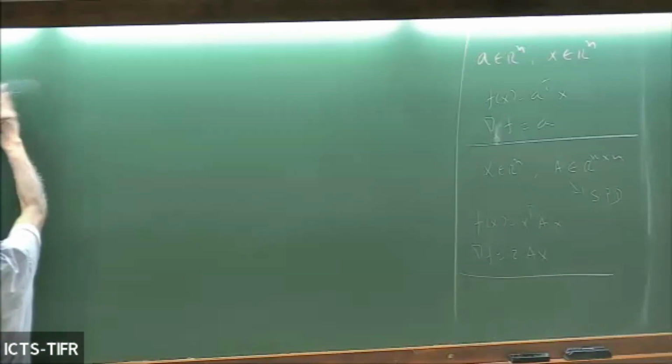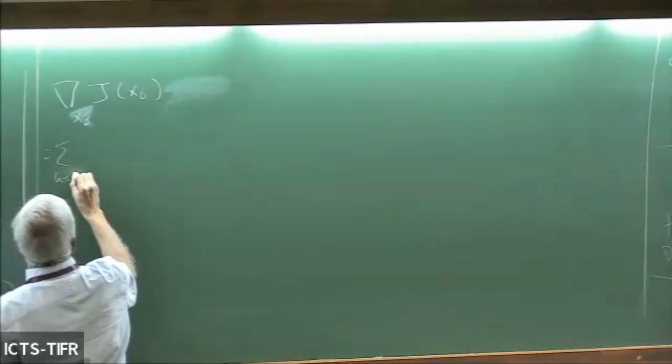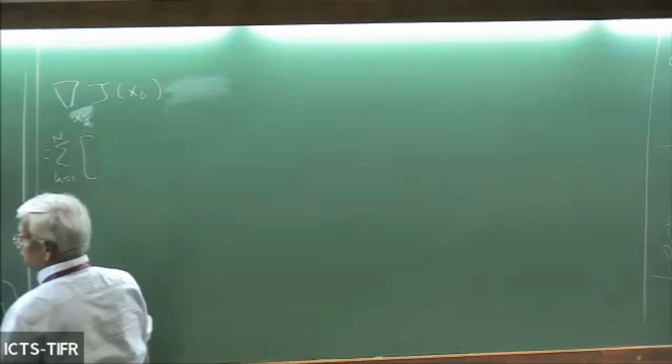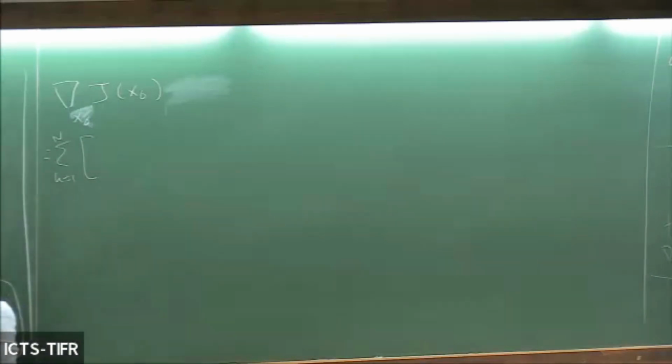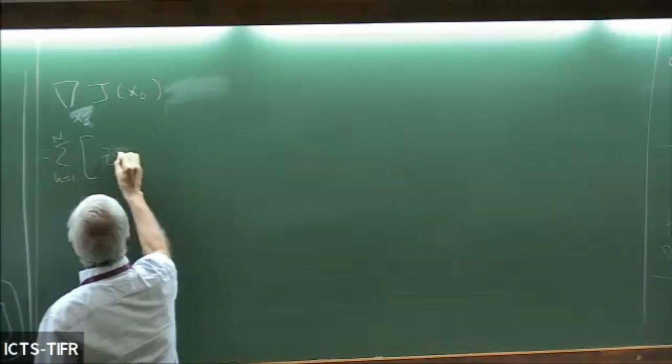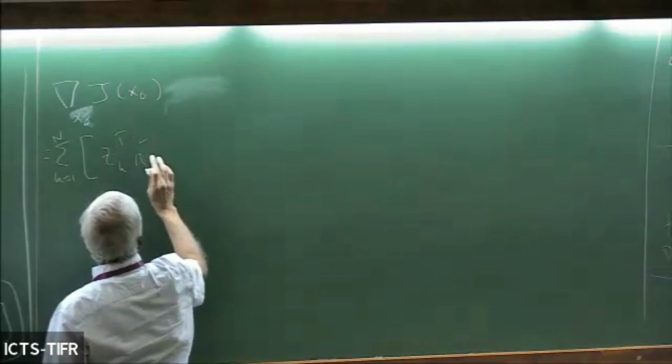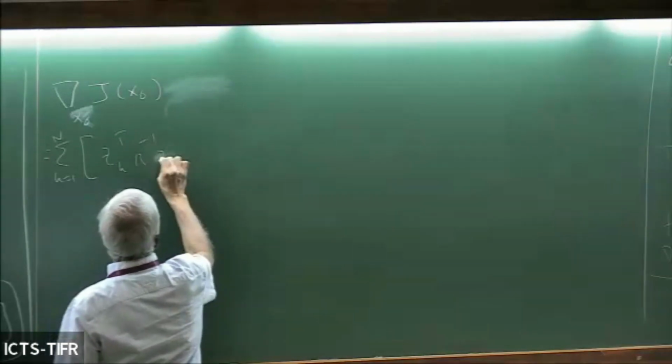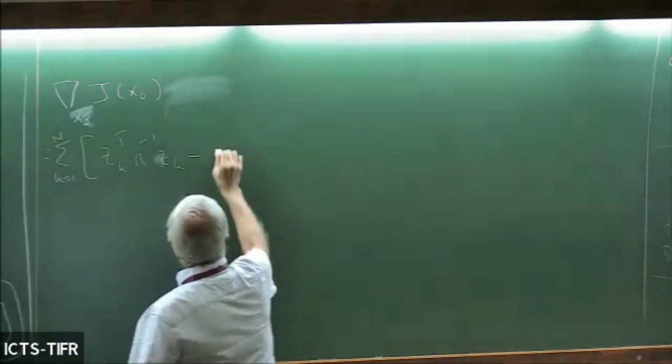Are you with me? That's right. The same rule has to be applied. To do that, let me try to expand this, sum over k equal to 1 to N. For the sake of discussion, I want to write this down. z_k transpose R inverse z_k minus 2 times.